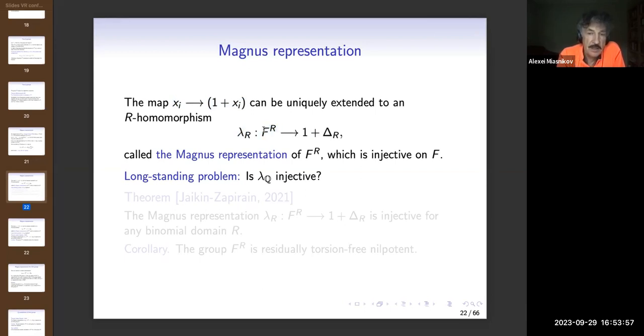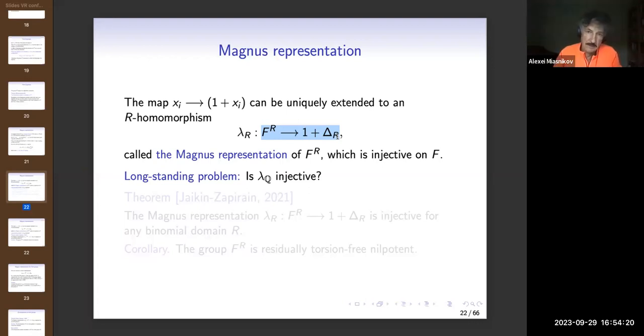Indeed, because that's a universal property of free R groups. You map F into this R group, so you should be able to extend it to an R homomorphism of the free R group, F to the R. So yes, and it's now called the Magnus representation.